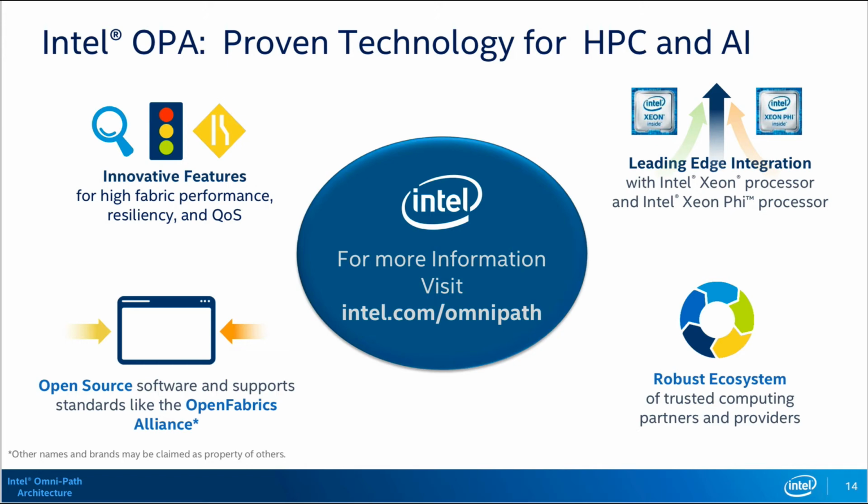We're installed in hundreds and hundreds of accounts now and successfully installed. It is built on some of the leading technology that is out there from Cray Aries as well as InfiniBand. We leverage the Open Fabric Alliance.